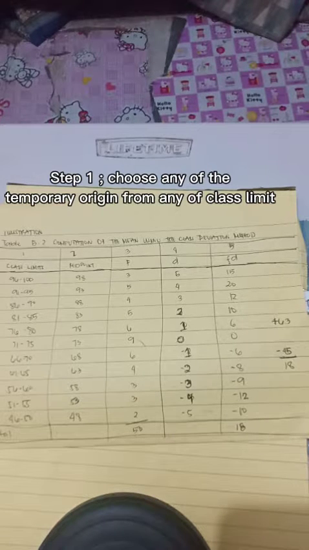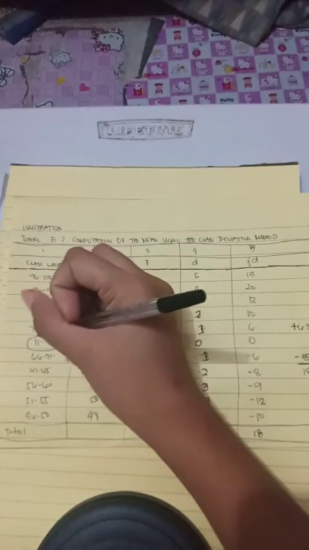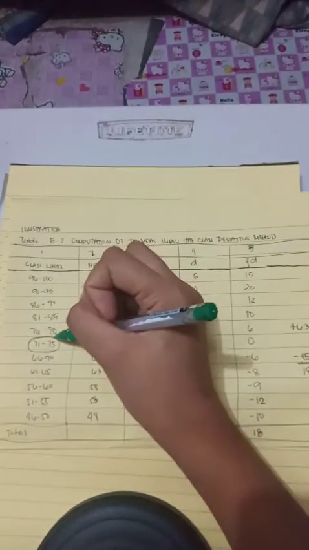So to apply formula 5.4 of class deviation method, we have steps to be considered. Step 1, choose any temporary arbitrary origin from any of the class limits, either at the bottom, at the center, or at the top. In this case, we choose 71 to 75 as our class limit.